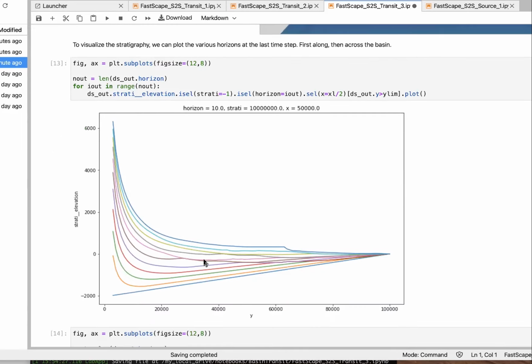That Sébastien talked about, allogenic versus autogenic signals. These unconformities are pure autogenic signals. There is nothing varying in the source. There is nothing varying in the precipitation or in the system.